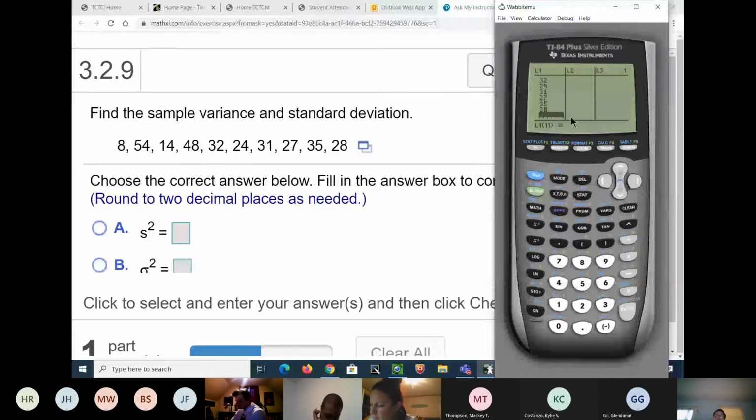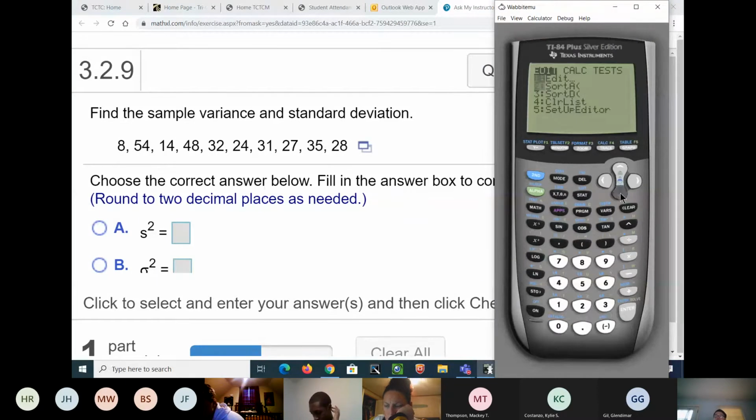Okay, hold on. I'm going to show everybody what I'm doing here. I've just punched them in. They are not in order. Here's how you put them in order. You hit Stat and go down to Sort, then hit second 1, close parenthesis, and hit Enter. Now they're in order. Now I'm going to hit Stat, Edit. Watch. Then Stat, Calculate, first variable statistic, and Calculate.